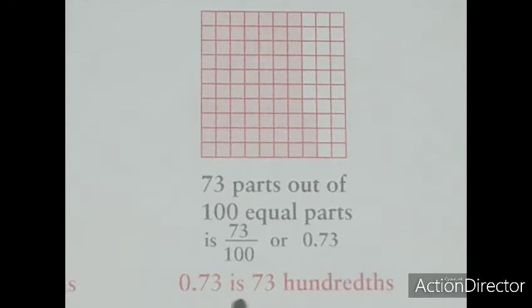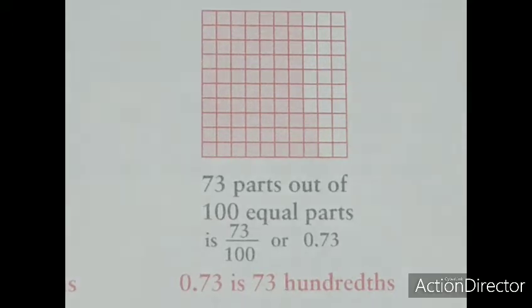Now 0.73 is 73 hundredths. Dear students, it is a wrong method to read it as zero point seventy-three. The correct method is to read this decimal number as zero point seven three, right?